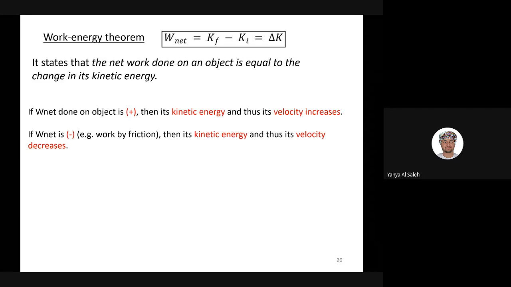So to summarize, the work-energy theorem states that the net work done on an object is equal to the change in its kinetic energy. If the net work done is positive, the kinetic energy increases, velocity increases. If the net work is negative, then the kinetic energy decreases and velocity decreases. So far, so good? Yes.